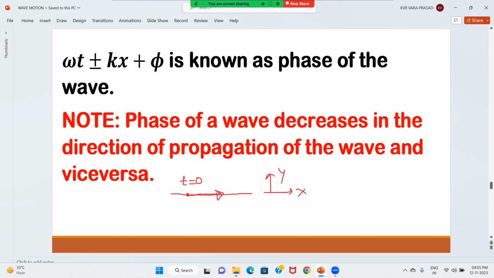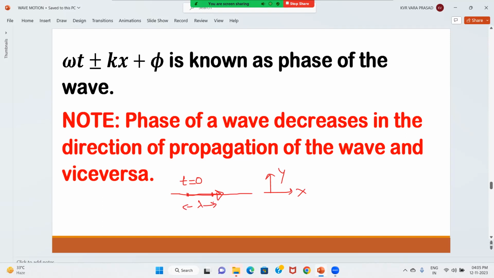Now if you take one more particle at a distance x = λ.